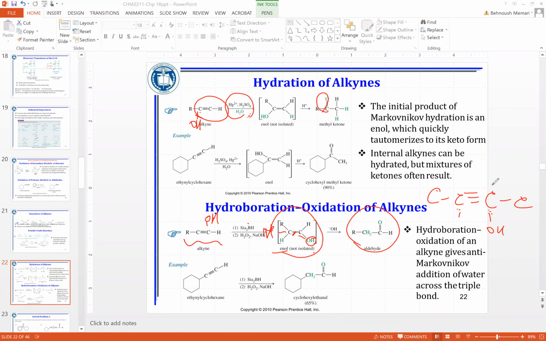So you could get a ketone with the CO double bond on this carbon or on the other carbon. So you don't get specifically a methyl ketone like you had for a terminal alkyne, and you don't get an aldehyde at all, because it doesn't matter if the OH is on carbon 1 or 2, or in this case carbon 2 or carbon 3, you are still going to get a ketone, not an aldehyde.